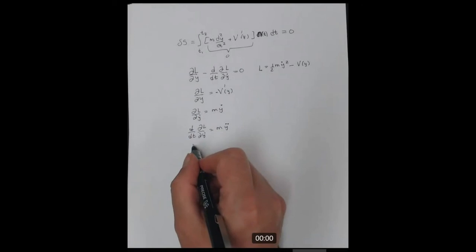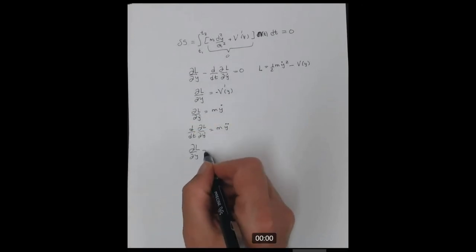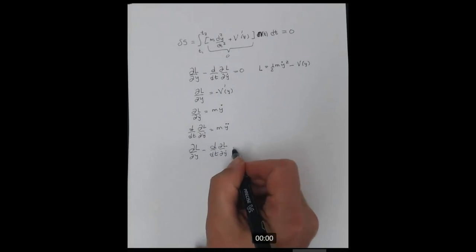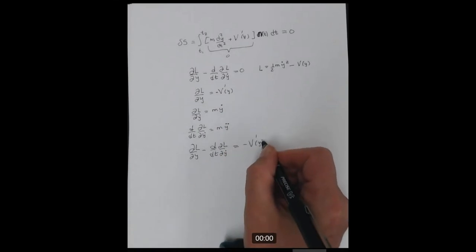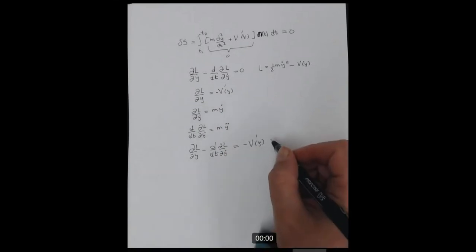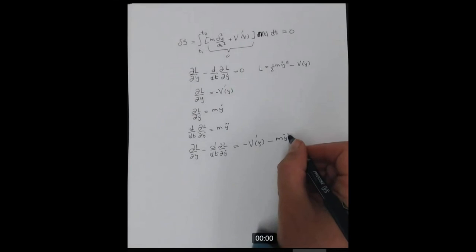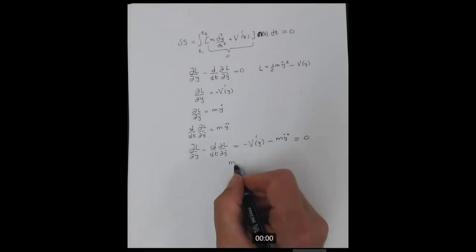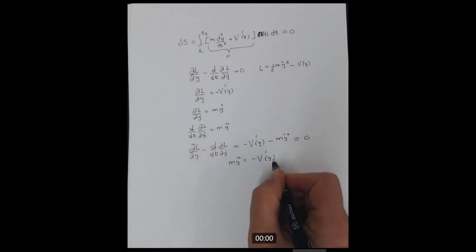So then I have this equation, dL/dy minus this, is equal to negative the derivative of the potential minus m y double dot. And if that's equal to 0, then we have m y double dot is negative the gradient of the potential.